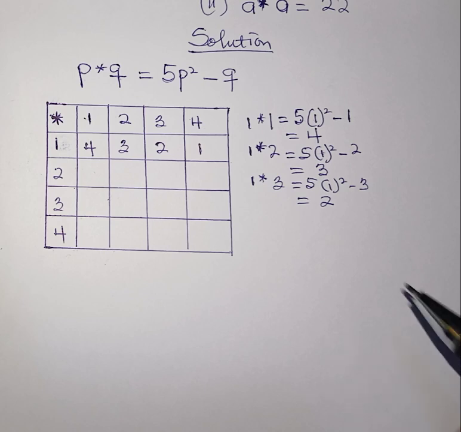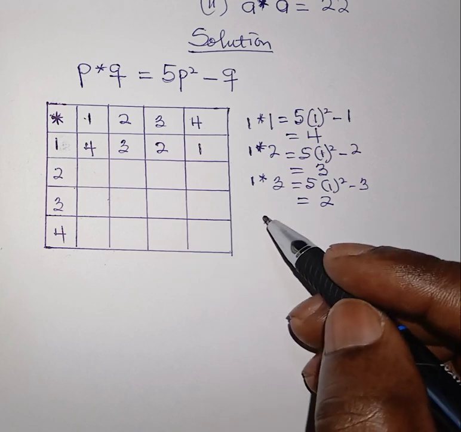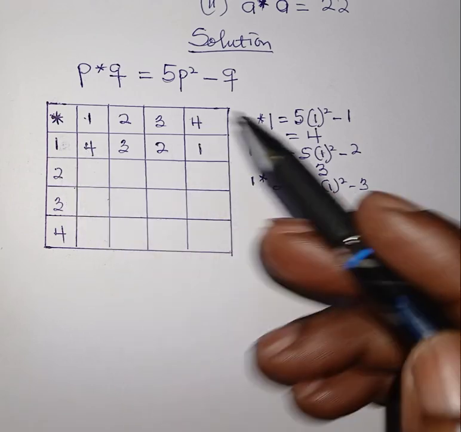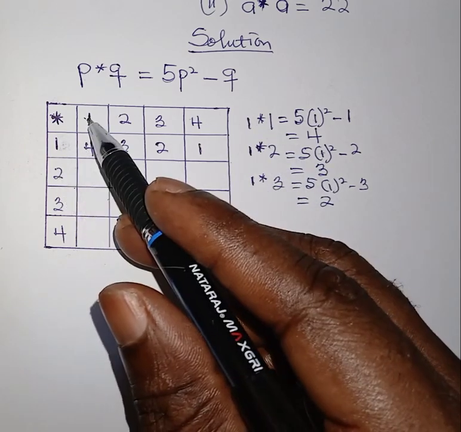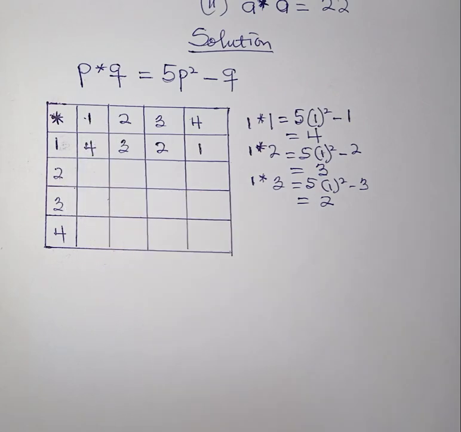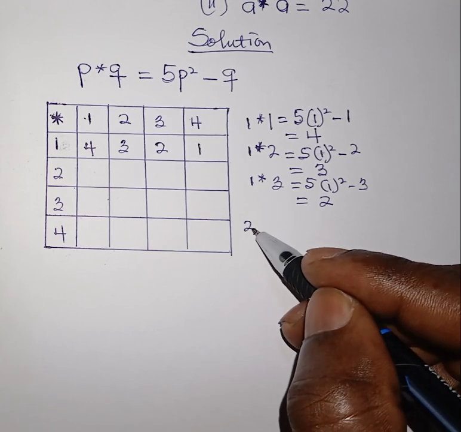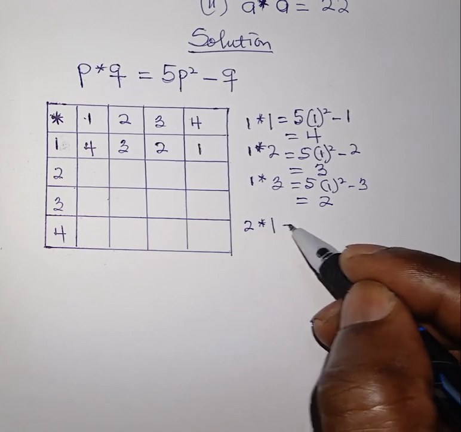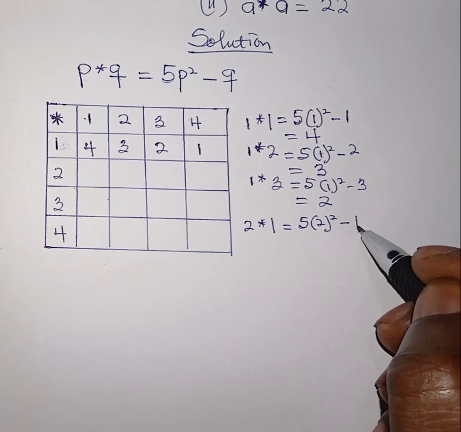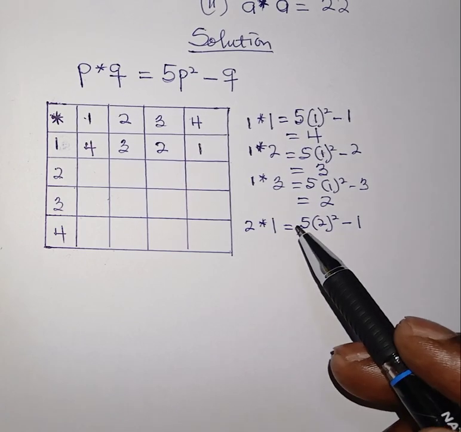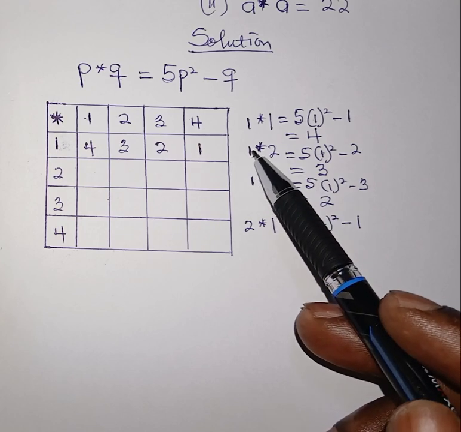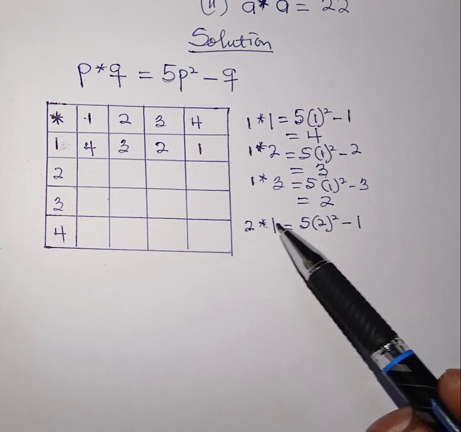So let's continue with the rest of the table. This time we are done with the 1, so I'm going to pick 2. If I pick 2 and pick 1 here, the 2 is for P and the 1 is for Q. So if I pick 2 star 1, then I'll write 5 multiplying 2 squared minus 1. Make sure you don't assume, because 1 star 2 gave 3, that 2 star 1 gives the same.